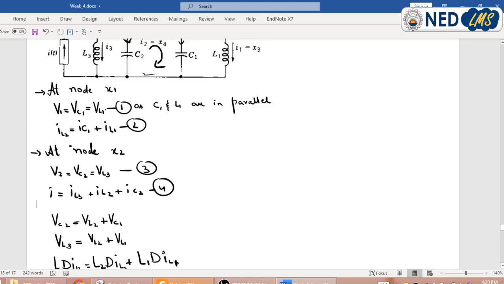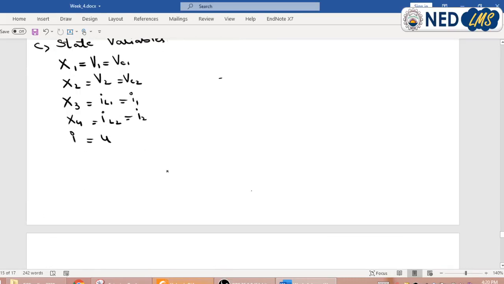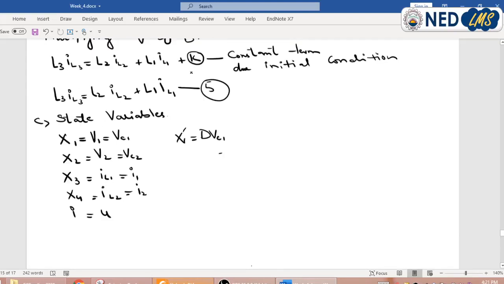This equation 2 contains IC1. The mathematical model of this capacitor is IC equals C dVc. So from IC1 I will get dVc, which can be used to evaluate x1 dash. X1 dash means I want dVc1, so dVc1 can be obtained from equation 2.